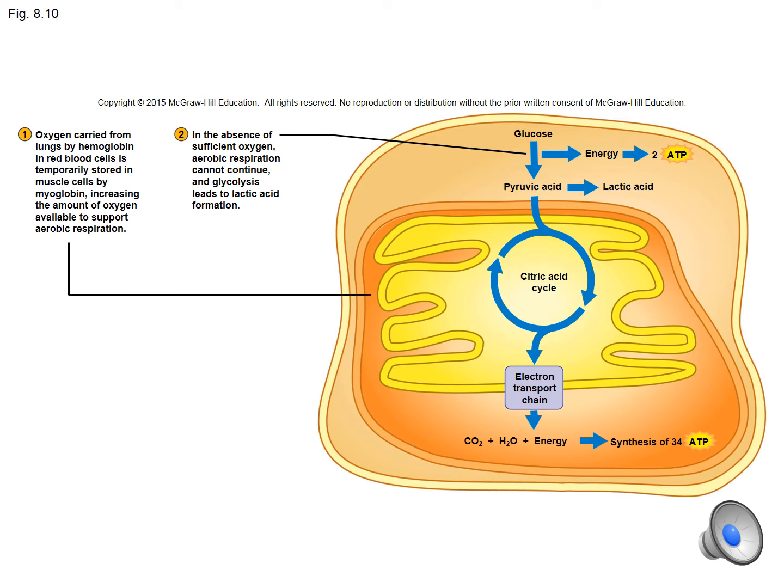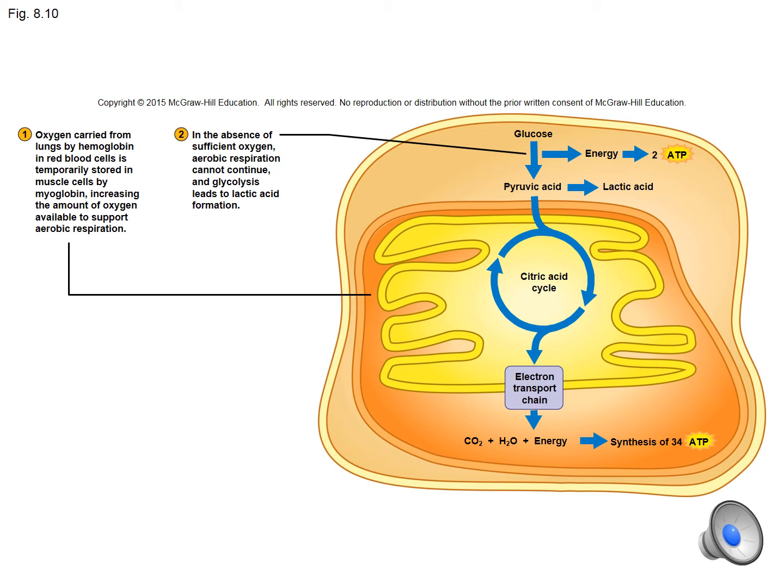So this is a diagram reminding you of the process of cellular respiration and the difference between anaerobic and aerobic respiration. Remember that the three parts of cellular respiration are glycolysis, the TCA or Krebs cycle, here called the citric acid cycle, and then the electron transport chain. If the cell does not have enough oxygen, then it will do anaerobic respiration.